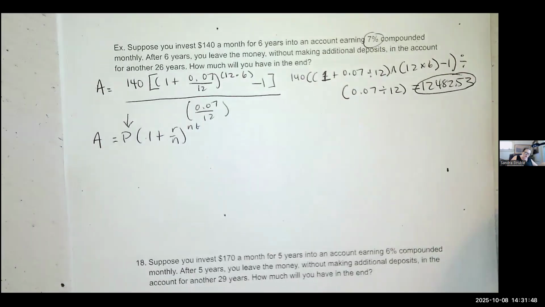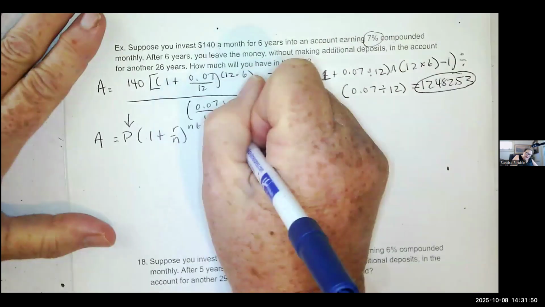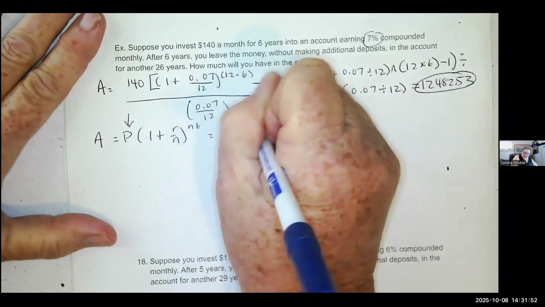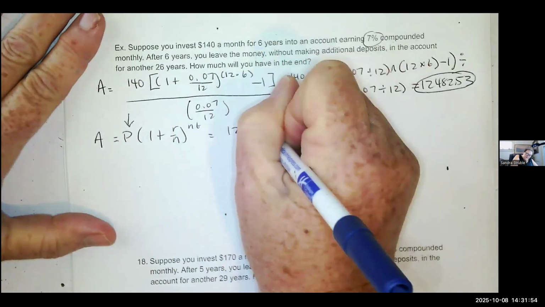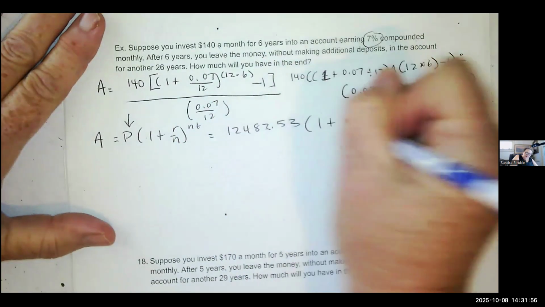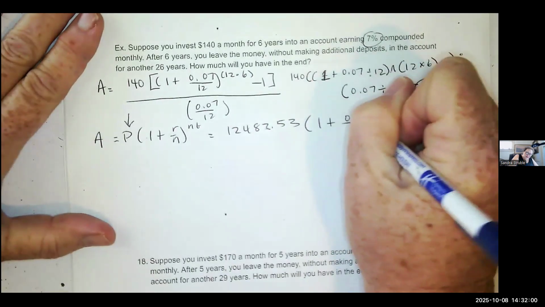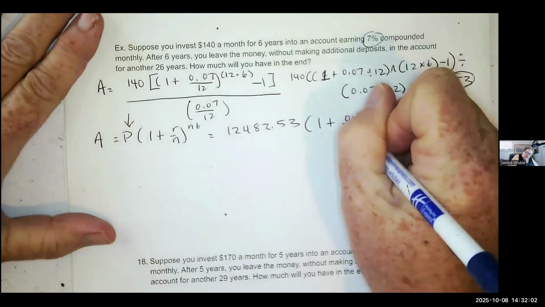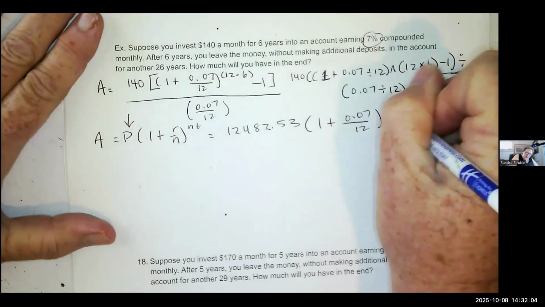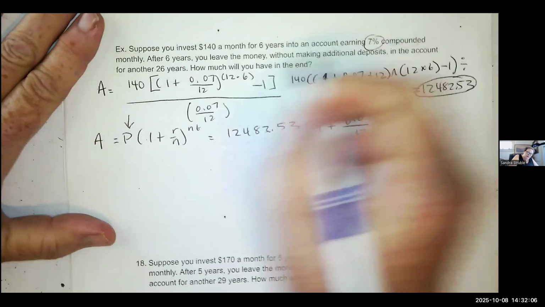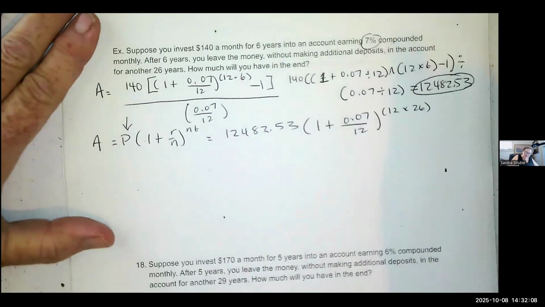We're no longer putting more money in. So that's 12,482.53. 1 plus, the rate is still 7%. Compounding periods, we're still going to go with the 12. And then 12 times, we're letting the money stay there for 26 years.